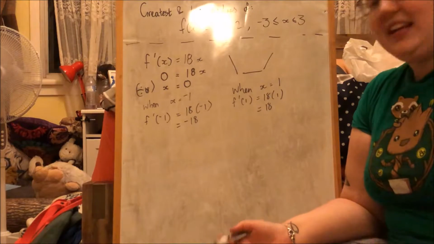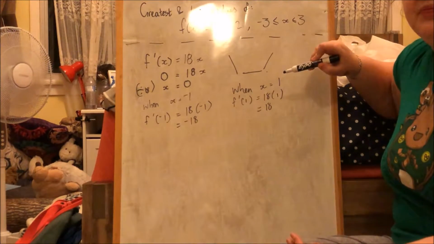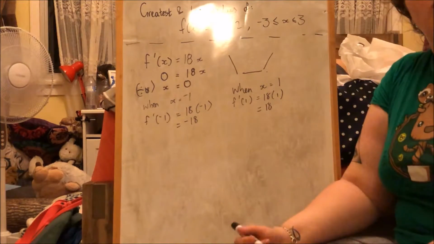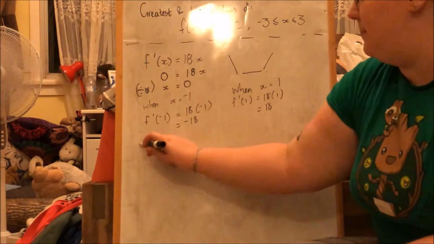So our least value could be this, or actually no, in this case it's pretty much just going to be this. So we already know what the least value is, now we need to know what the greatest value is, and that's where these boundary points come into it.